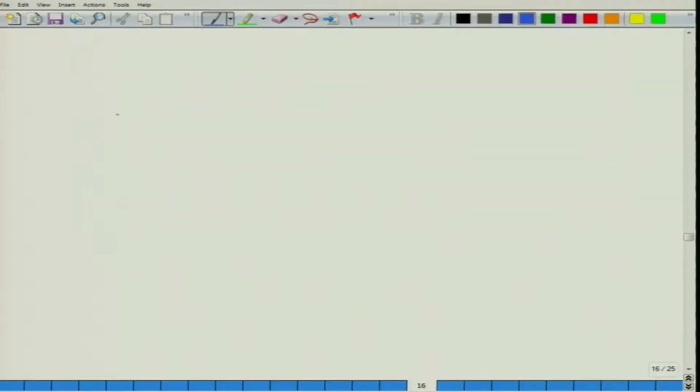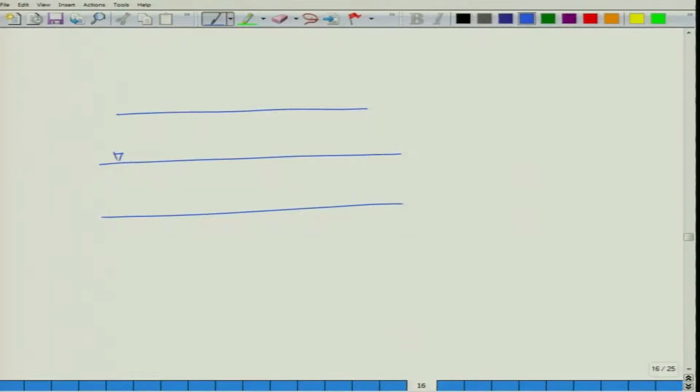Let me draw a layer here. This is your clay layer, and somewhere here is the groundwater table, then the footing is resting here. So, this will be Q0, and this layer is your Sc, or clay soils.